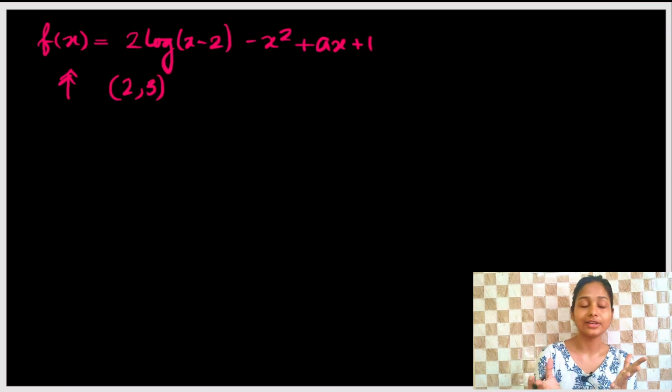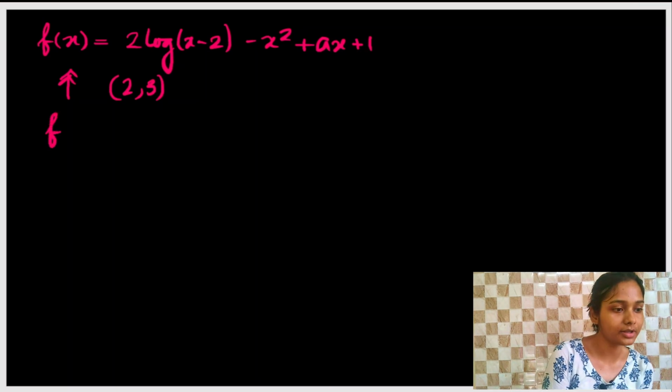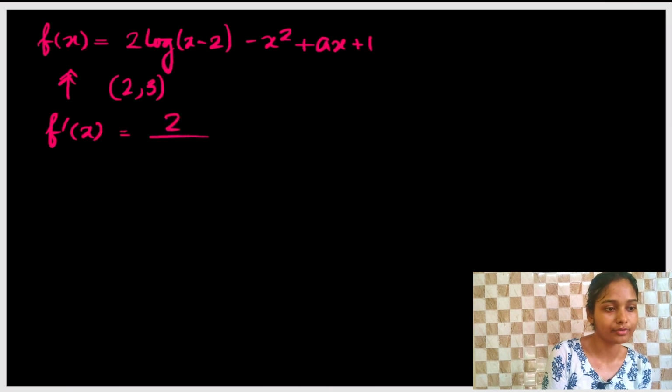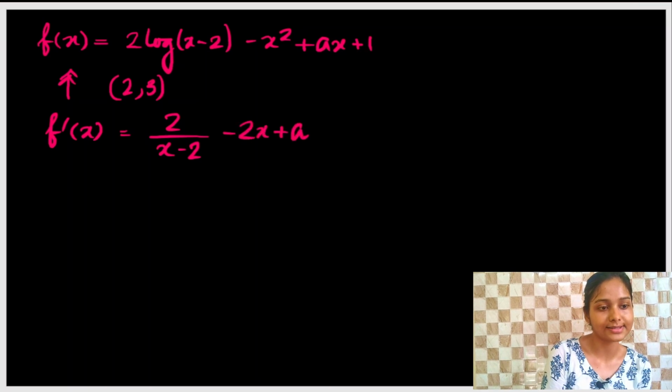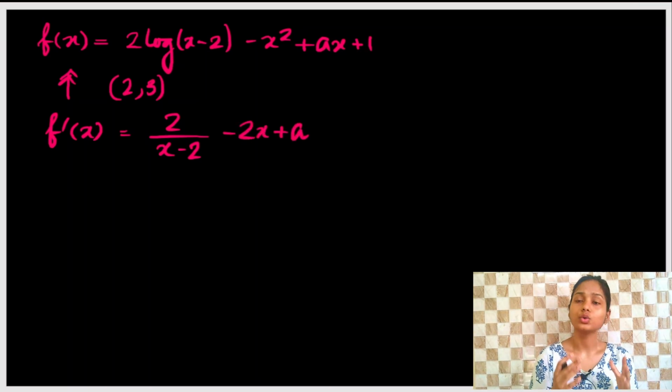So for an increasing function, we have the condition that the derivative must be positive, and strictly positive for the strictly increasing function. So let me differentiate it with respect to x, and we will have 2 by (x minus 2) minus 2x plus a. Okay, so this derivative contains again a.